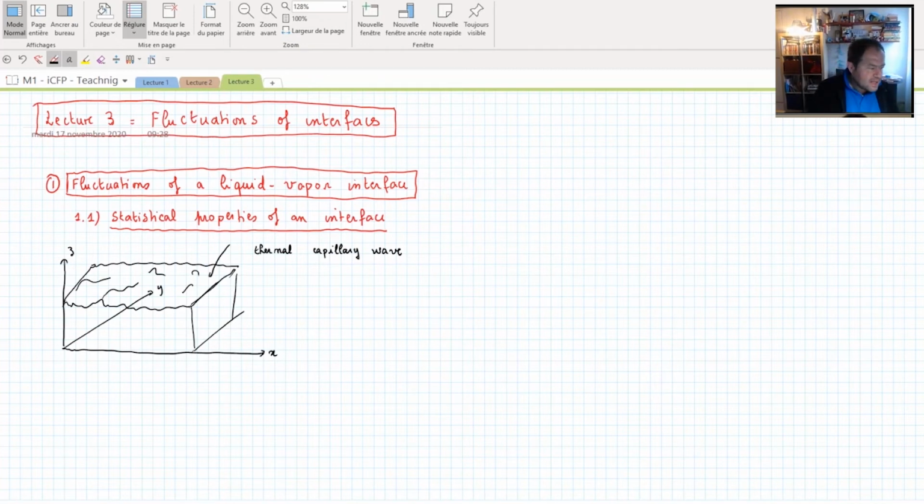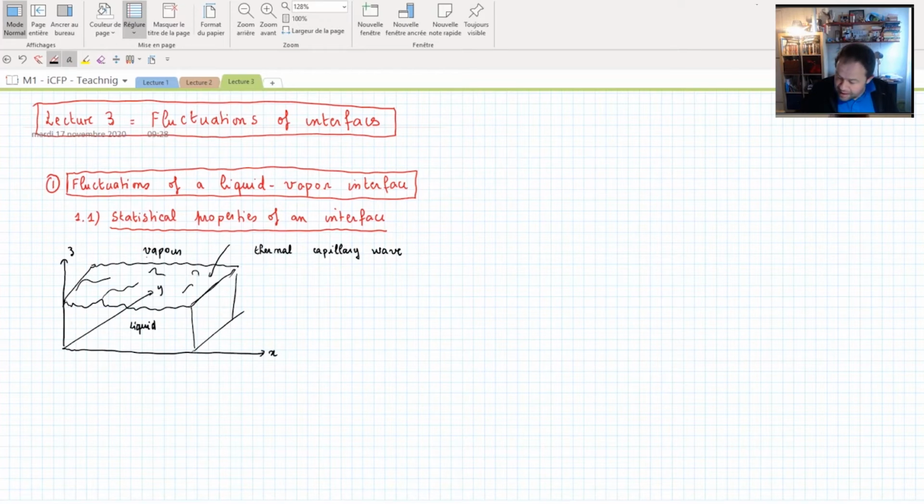Well, the question here is, now we have a liquid here, and above that we have the vapor. If nothing happens, the surface is flat. And the question is, if there is some noise or some temperature, the surface will not be flat.